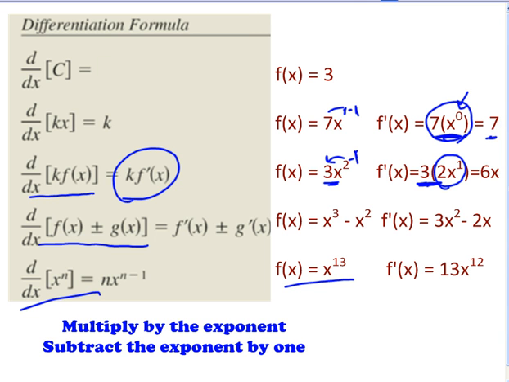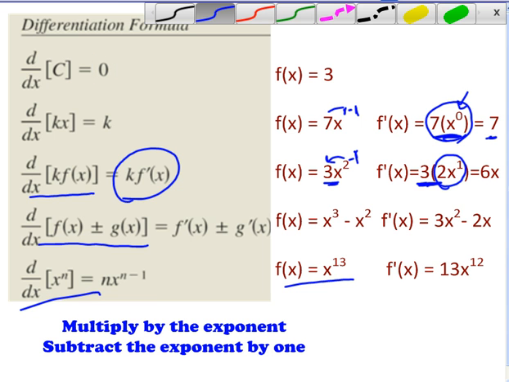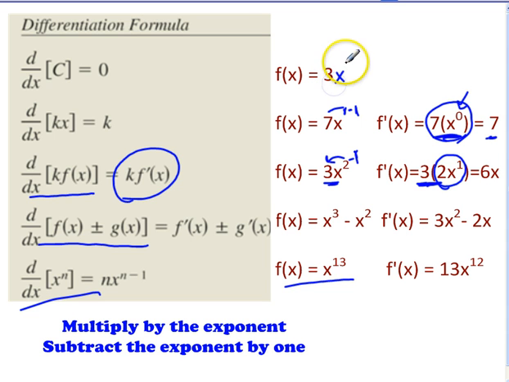The last rule that we're looking at is this top one, and it's the derivative of a constant. Well, what we came up with was the derivative of a constant was 0. Do you remember why? Here's the example. If you look at the example of f of x is equal to 3, that really means it's 3x to the 0 power. x to the 0 power equals 1.